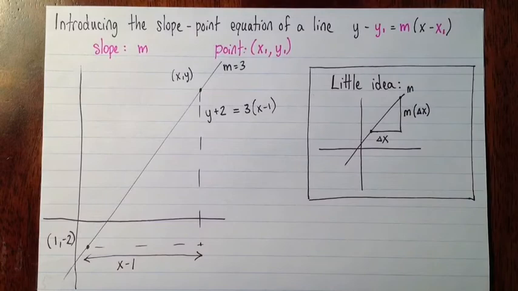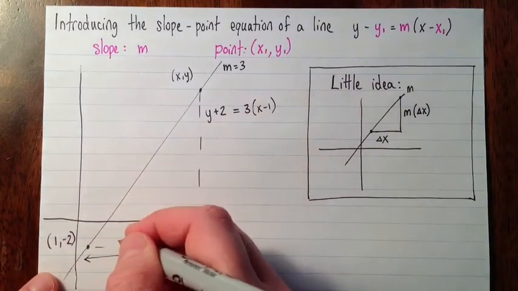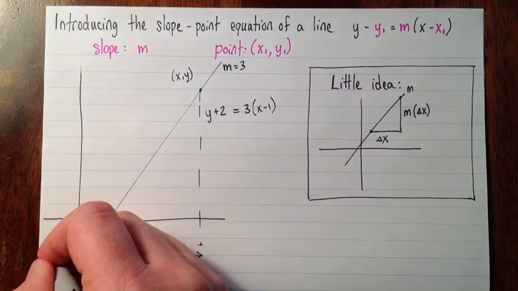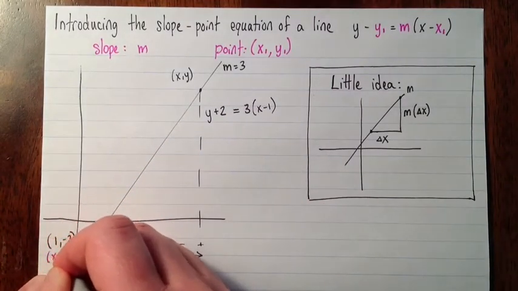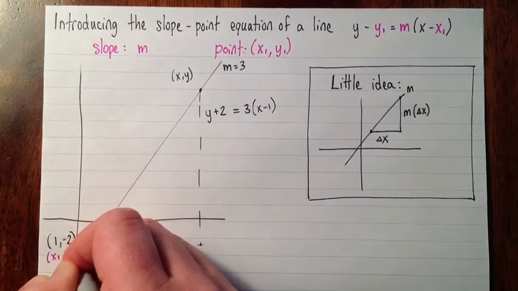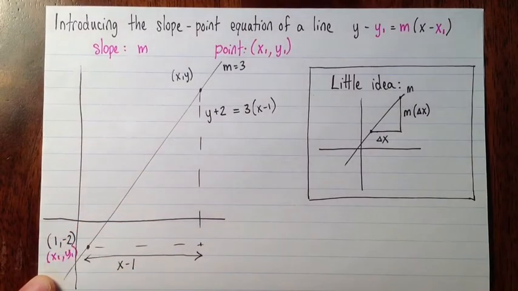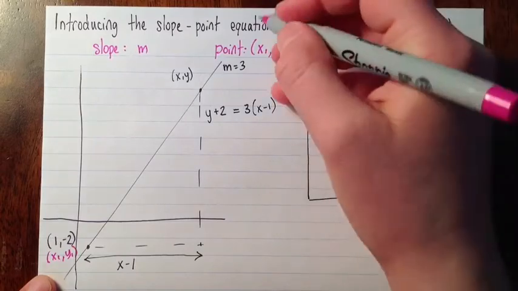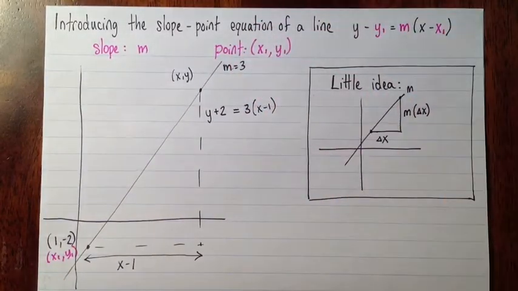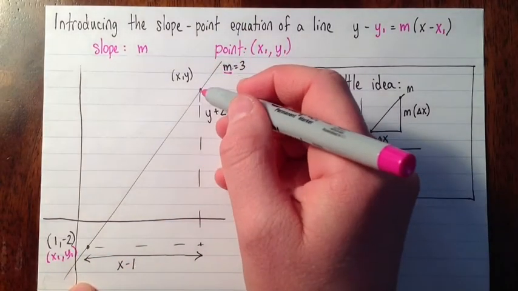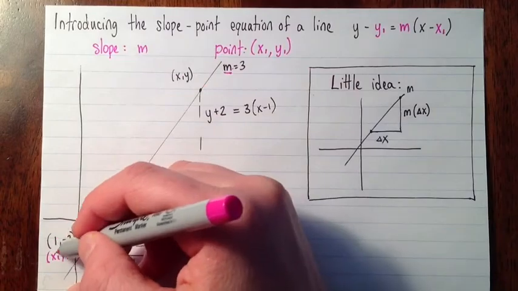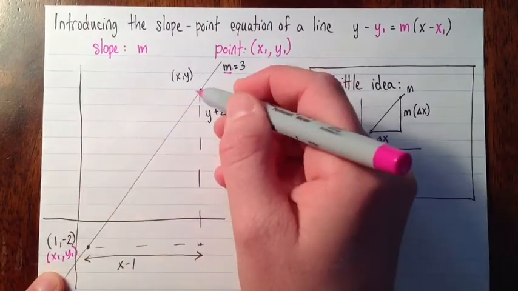Okay, now I want to make it general, which I'll do in pink. We'll just do exactly the same thing in pink. Suppose this wasn't the point 1, negative 2. Suppose it was just any point x1, y1. And suppose this slope wasn't necessarily 3, it was just the slope m. So how big would this be? Well, it's the same, except instead of x take away 1, it'll be x take away x1.